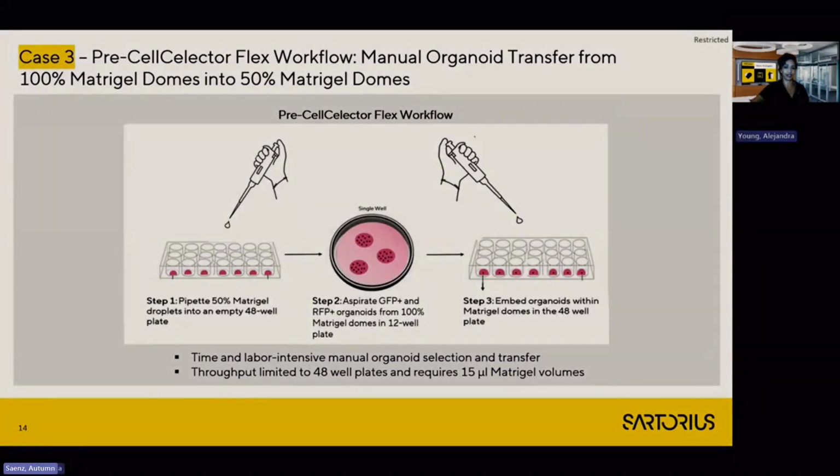In the last case that I'm going to present to you, the customer used a 3-step process to transfer organoids from dome to dome. In the first step, the customer will deliver the droplets to the four-well plate, this time with 50 microliters of Matrigel. Then he will come to the source plate where he has these 3 domes in the center of the well and pick one organoid.